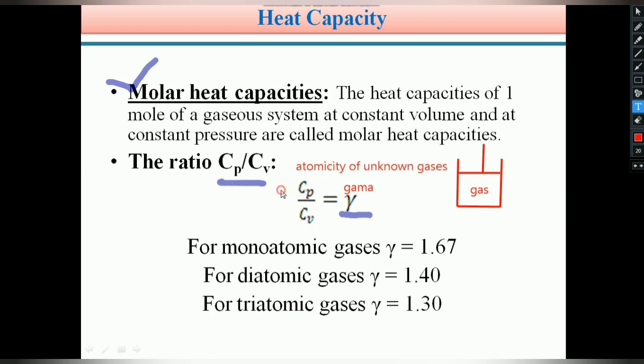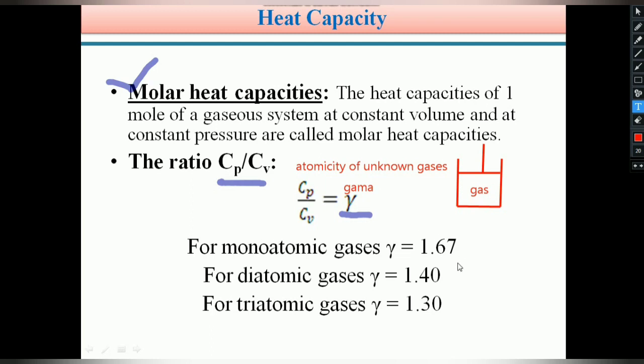For example, students, an unknown gas is present in a cylinder. For this unknown gas we can calculate Cp, the specific heat at constant pressure, and Cv, the specific heat at constant volume. Whenever we know the Cp and Cv values, the ratio of these two, Cp by Cv, equals gamma.